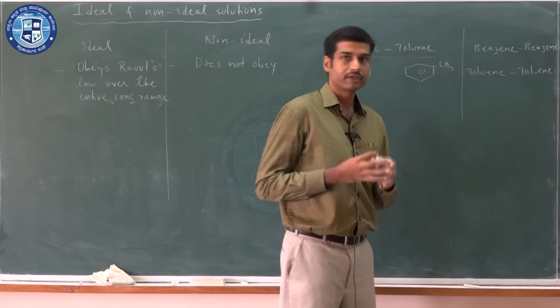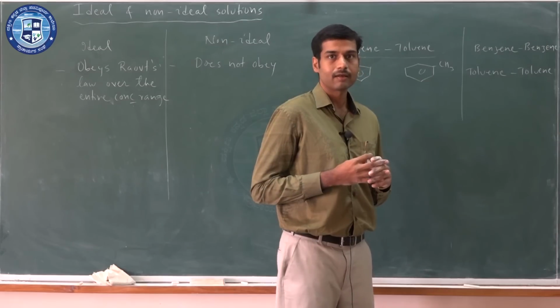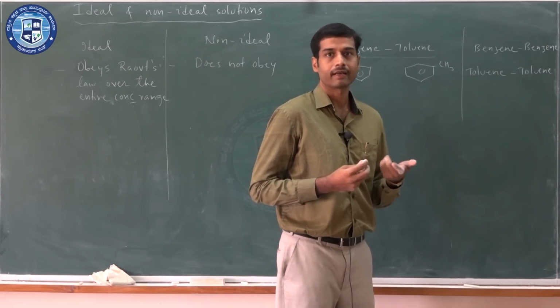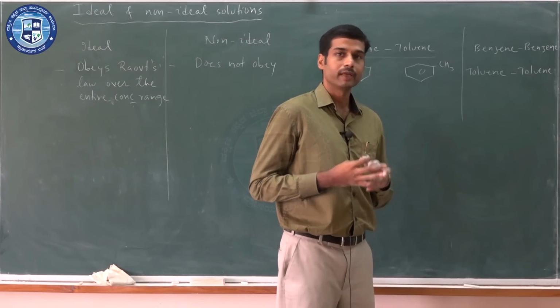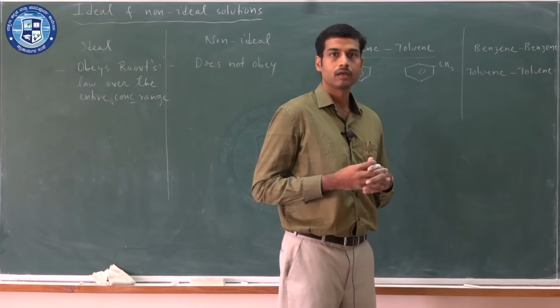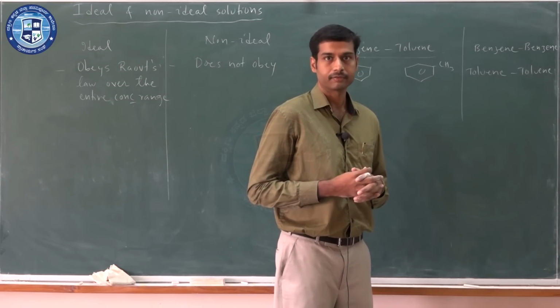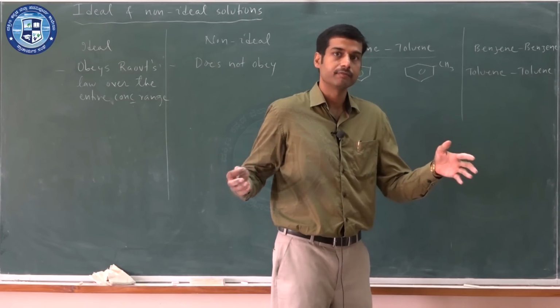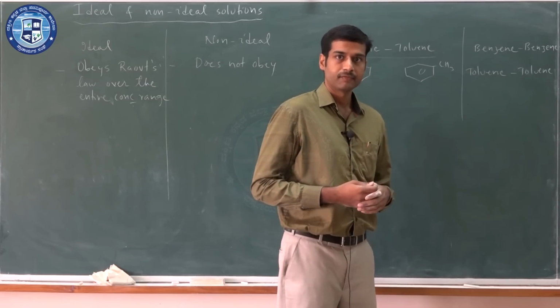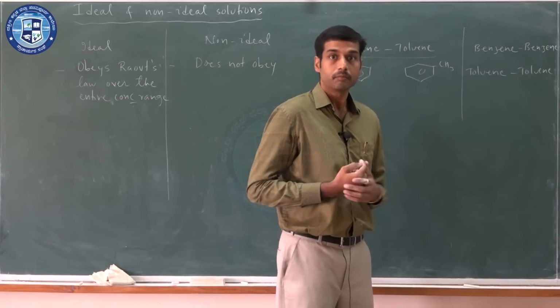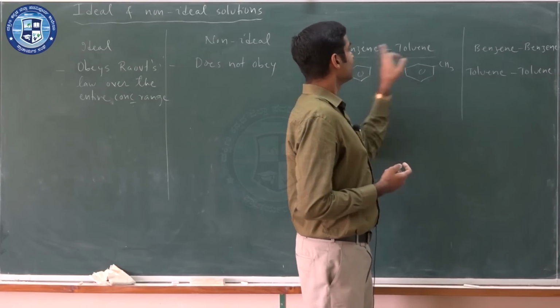You have got pure benzene, and in pure benzene, benzene molecules will have intermolecular attraction. You have got toluene, in toluene, the toluene molecules also will have a particular kind of interaction. They were in the pure states. Now, you have mixed the two. In solution, therefore, the interaction is between benzene and toluene now.